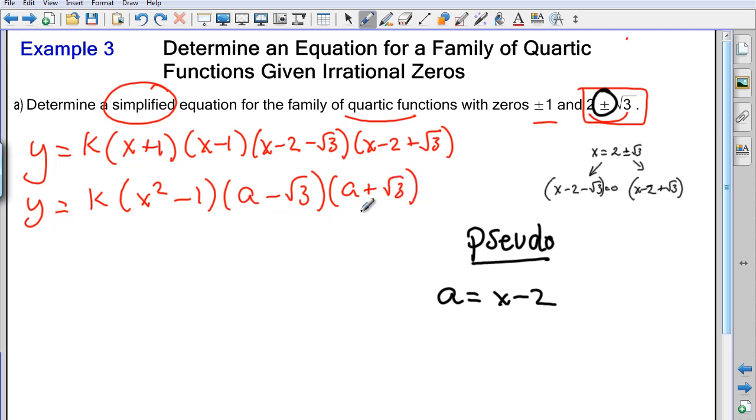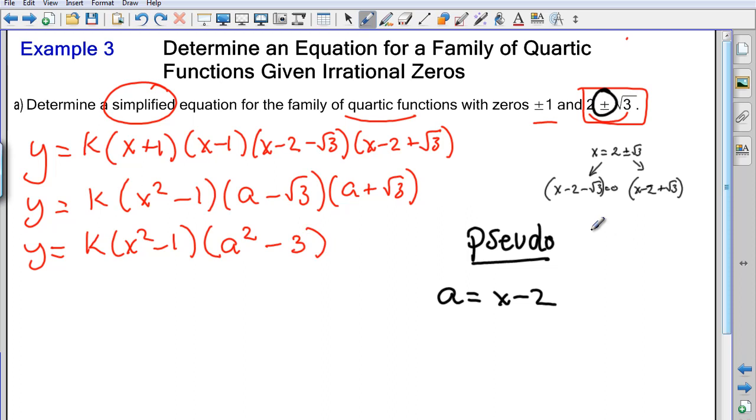Now when I FOIL these together, I do get something that looks like this. a times a is a squared. a times root 3 is root 3a, minus root 3a. Those cancel out. And root 3 times root 3, remember, is equal to just 3. So the sign is negative, and I have 3.